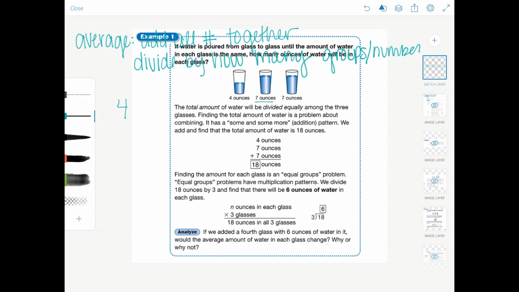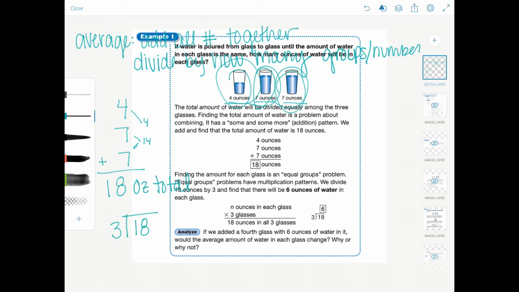So we have 4 ounces plus 7 ounces plus 7 ounces. We need to figure out how many total ounces we have first. So 7 plus 7 is 14, plus 4 is 18. Now, I want to divide these 18 ounces that I have total equally into 3 different cups. It's 1, 2, 3. So I have to divide it by 3.